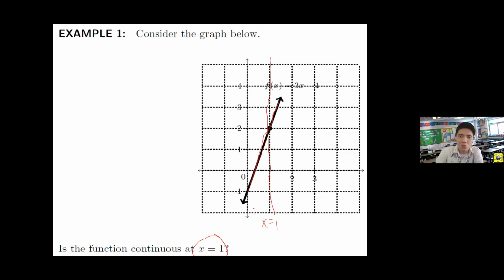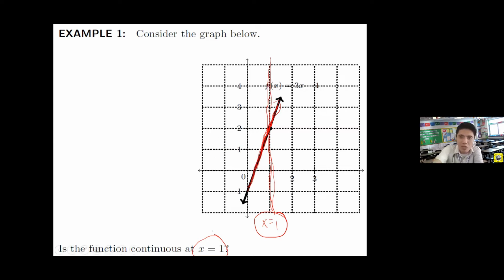That is continuity. If you can sketch the graph without lifting your writing material as it passes that line, then that graph is continuous at x equals 1. Since it can be sketched without lifting, this function is continuous at x equals 1.